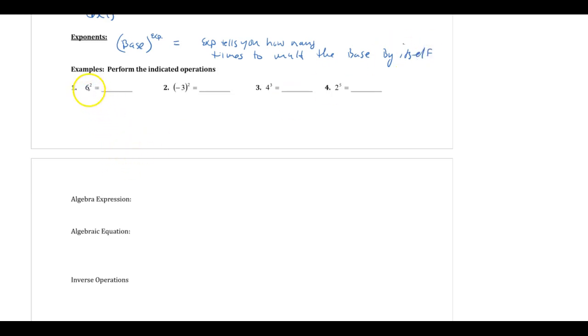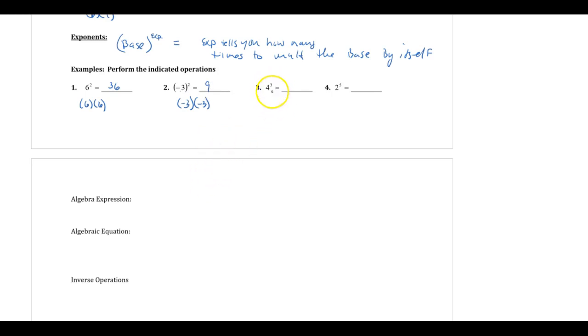Okay, so in this case, 6 to the second power is the same as doing 6 times 6, which would give me 36. The second example, negative 3 to the second, is negative 3 times negative 3, which would give me positive 9.